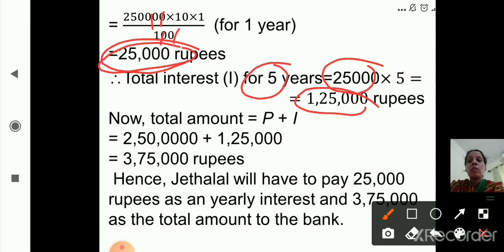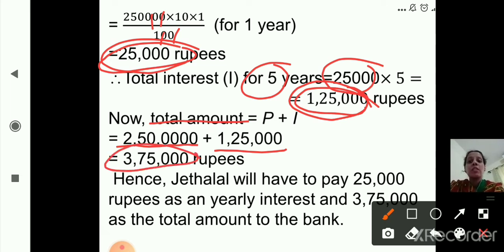Now we will find the amount. What is the formula to find the amount? Amount, that is A, is equal to P plus I, principal plus interest. The principal is given in the question, that is 2,50,000, and interest is 1,25,000, which is for 5 years. So 2,50,000 plus 1,25,000, the answer is 3,75,000 rupees.